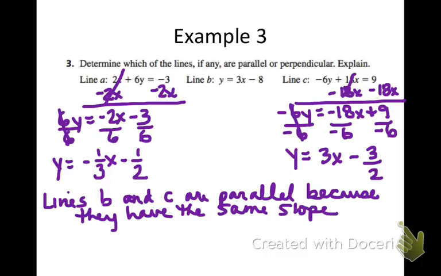Then I look at the difference between line A and lines B and C. I notice that line A's slope is the negative reciprocal of the other two.